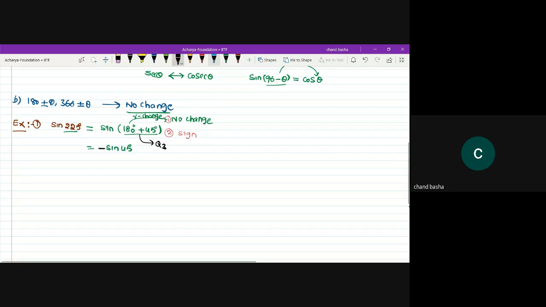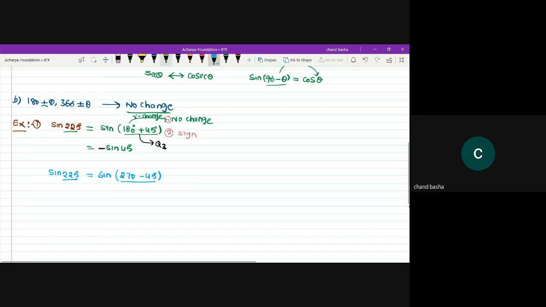So the same way, I can write sine 225 as sine of 270 minus 45. Hope you can understand. Can I write 225 as 270 minus 45?